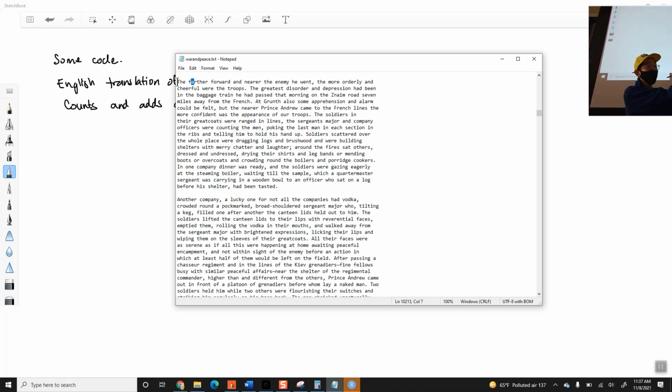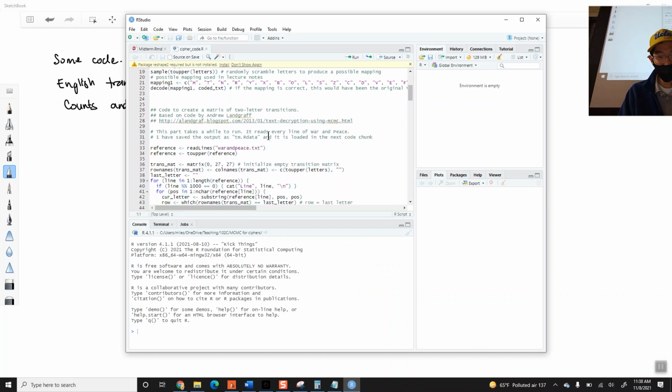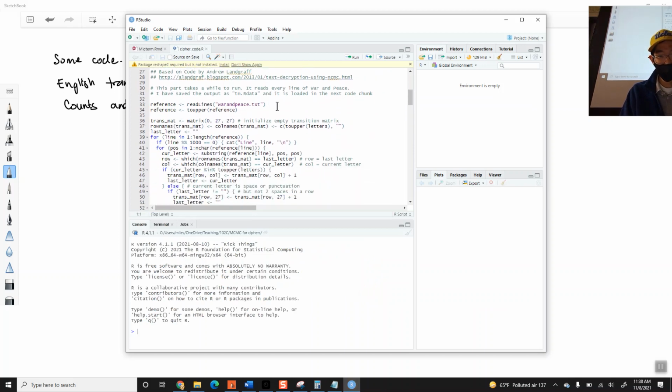It's going to go through every single 2-letter combo, and it's going to say, all right, I saw TH, we add 1 tally to TH. I saw HE, I add a tally to HE. I saw E space, I add a tally to E space. And it does this for every single one of these. Do I actually want to run this? We'll try it, okay? So I'll run it.